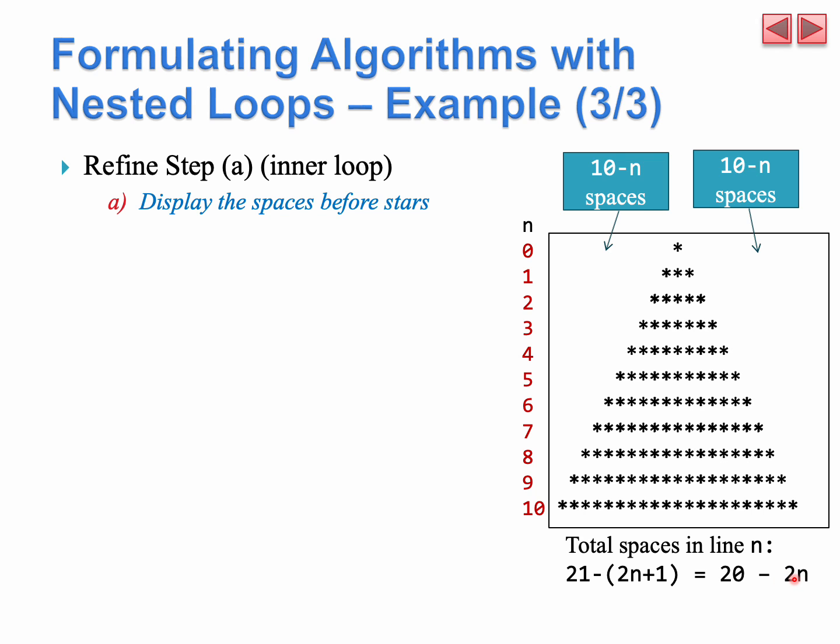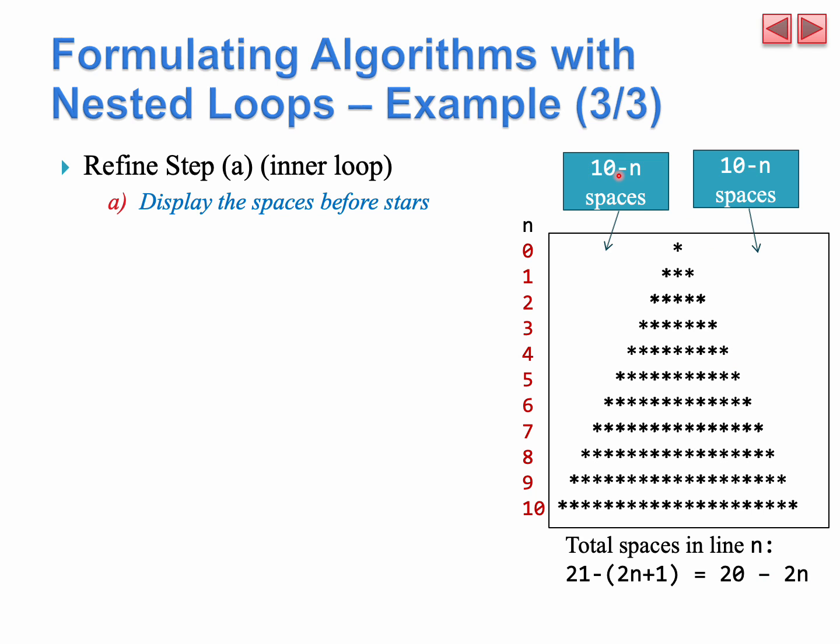2n. Since the number of spaces before the stars and the number of spaces after the stars are equal, each of them equals (20 minus 2n) divided by 2, which is 10 minus n.